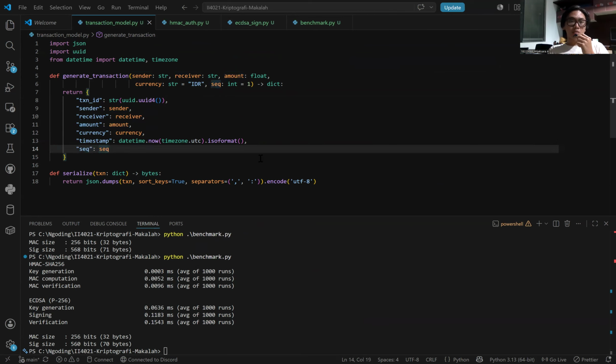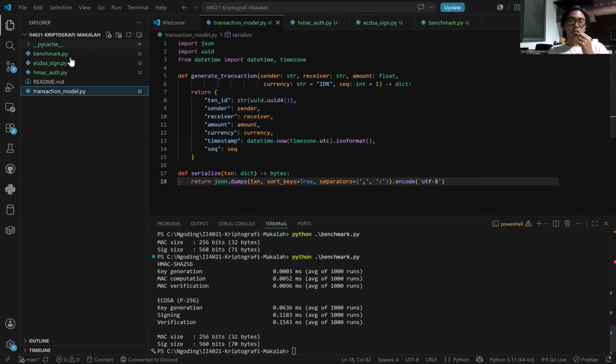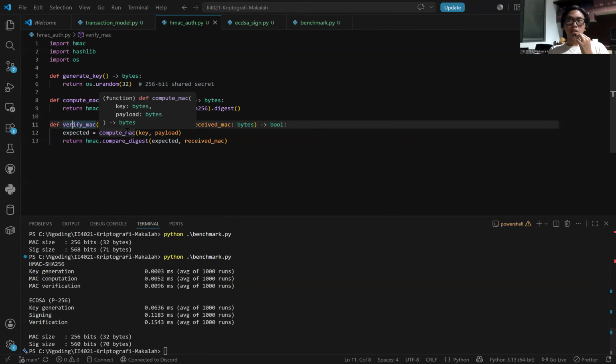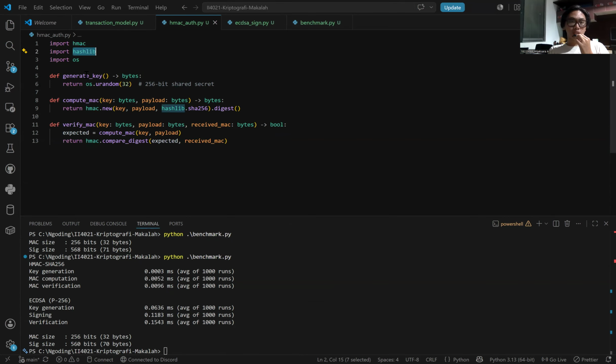The data is serialized into a canonical format, and then it is processed in two ways based on the algorithms that we are trying to compare. The first one is the HMAC SHA256, using Python's built-in hmac and hashlib libraries to generate the key, compute the MAC, and also verify the MAC that's been computed.